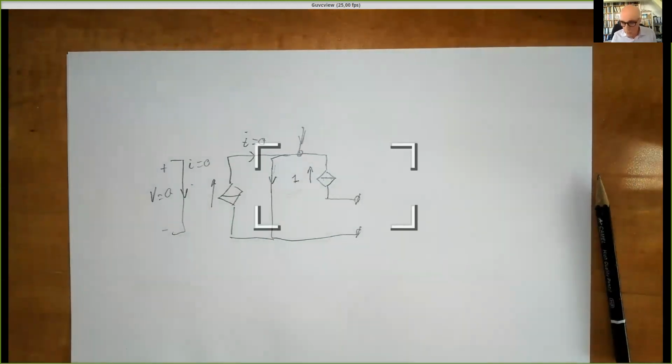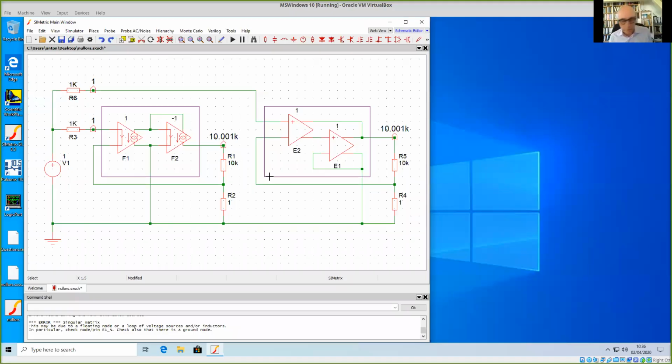And in order to show you that this is really true, I prepared a simulation. And in the simulation, you see here, this is what we discussed before. This is the symbol in SIMetrix for a voltage controlled voltage source. So this is the input, the gain of unity, and the output voltage. And here between those two nodes, the voltage will be 0, because this voltage equals this voltage.